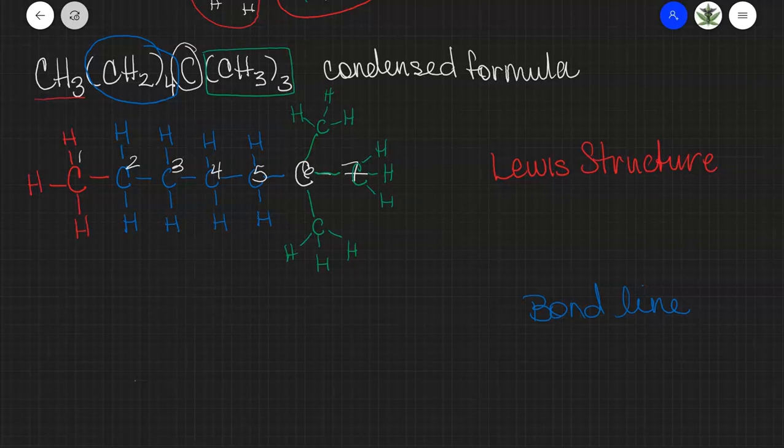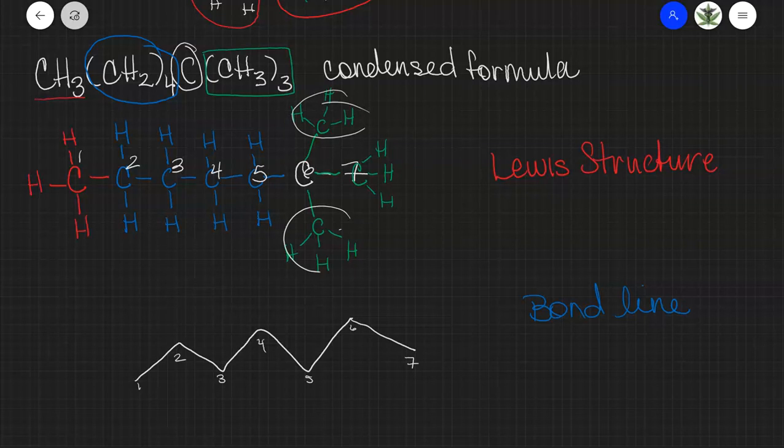So I want to do a zigzag with 7. 1, 2, 3, 4, 5, 6. I need one more line to make 7. And then on carbon 6, I have CH3 groups. So I can do this. So I have just written my bond line structure.